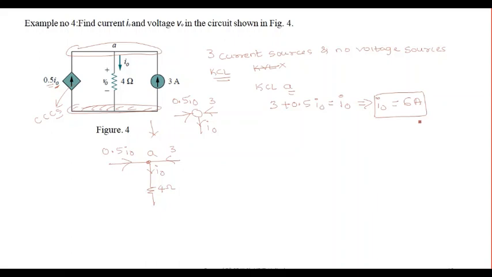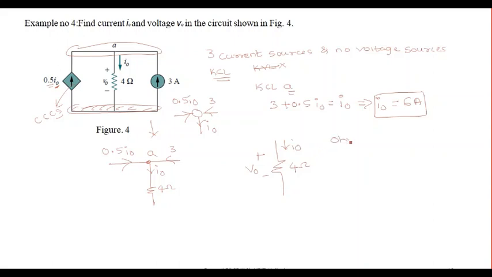Okay. So what is the other requirement? We need to find V naught as well. Where do we have this V naught? We have V naught here. It is associated with the 4 ohm resistor. So if I redraw this 4 ohm resistor here, just for our reference, with V naught and the I naught direction mentioned.